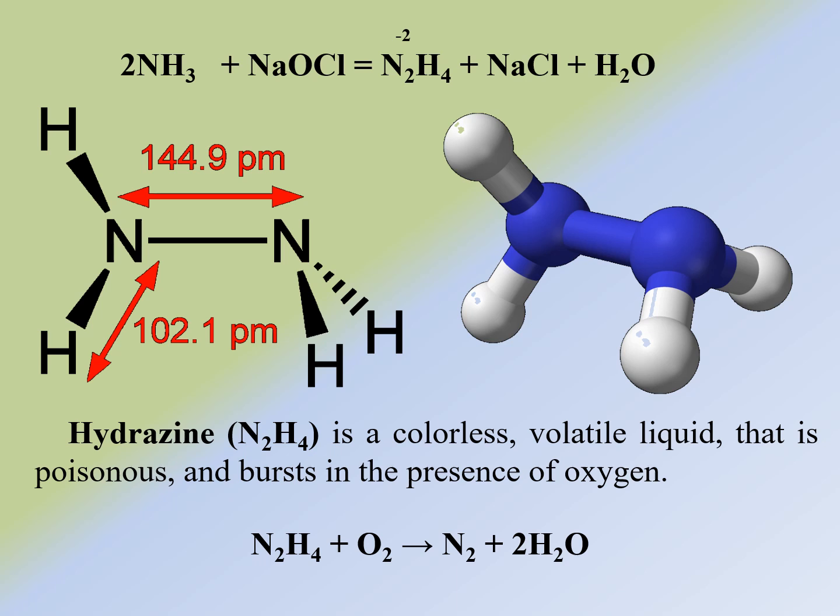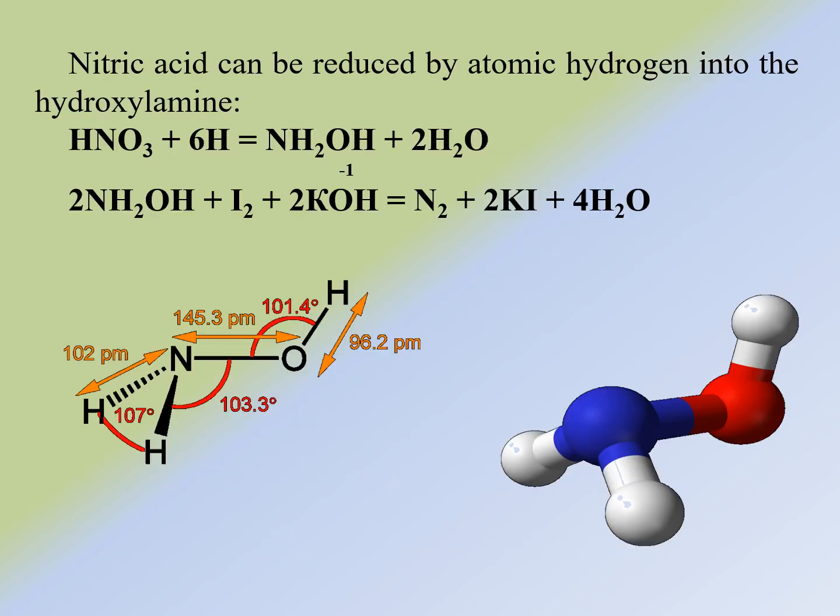Once again, once N2 is formed, a huge amount of energy is released. Nitric acid can be reduced by atomic hydrogen into a thing like this. Hydroxylamine. So, it looks like a part of the NH3 molecule is connected to an OH group.